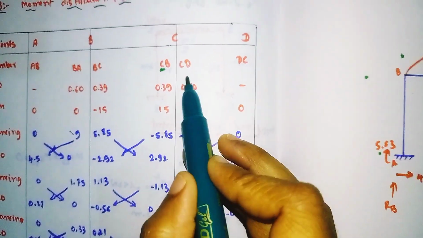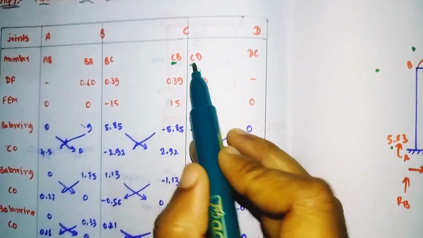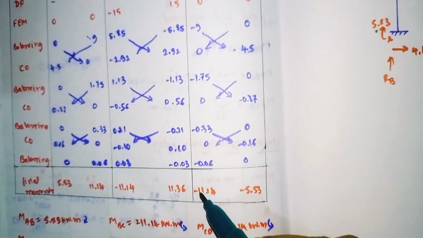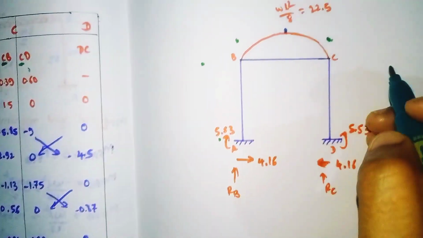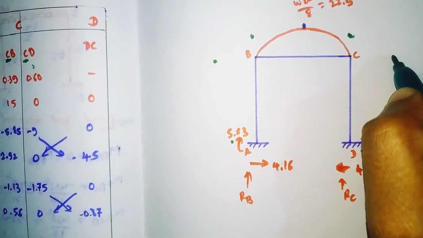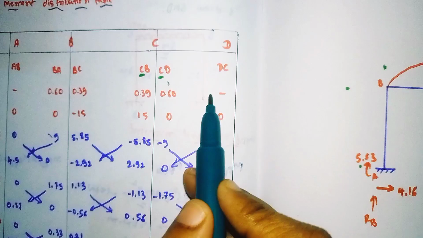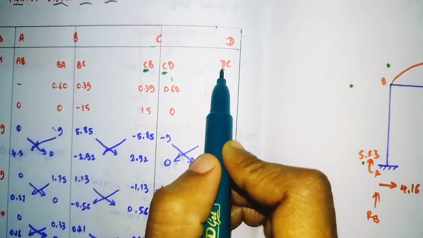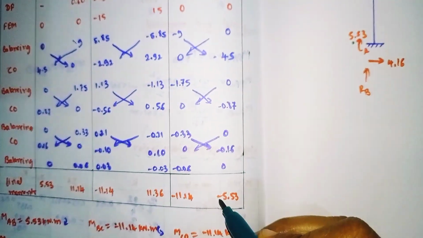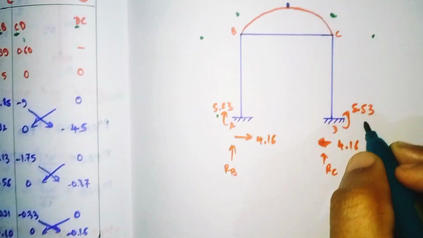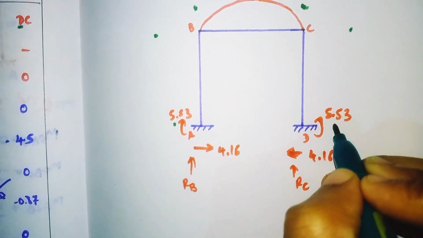Our first point is C, so for C we have the value minus 11.14. Minus 11.14 means it comes here. And for DC our first point is D, where the value is minus 5.53. So minus means it comes here.